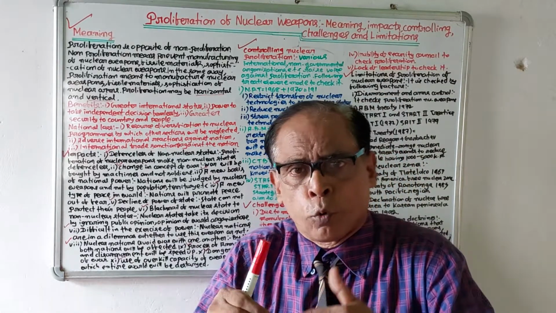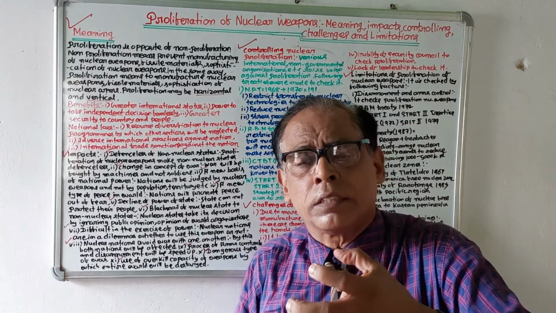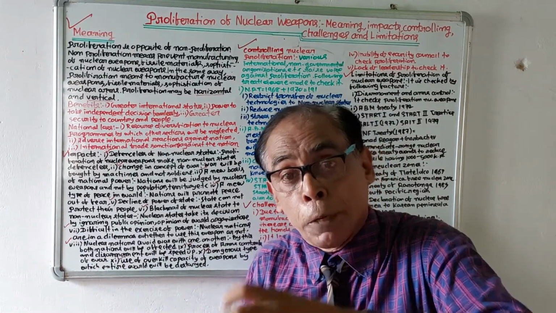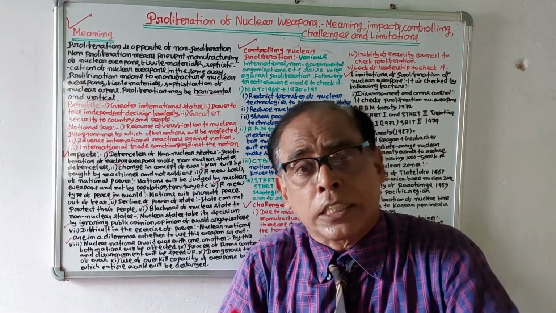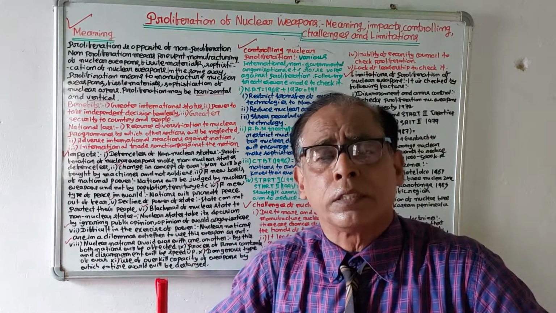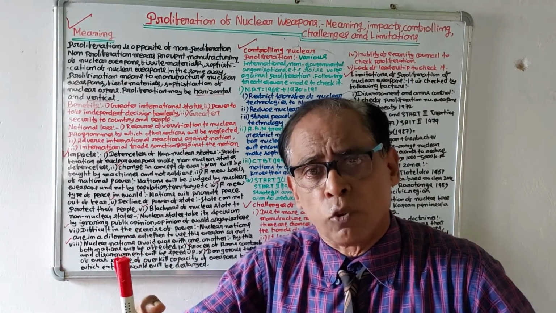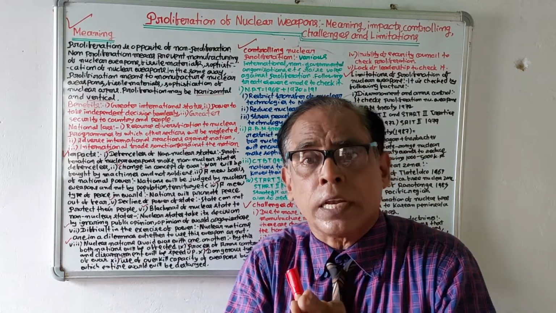And proliferation of nuclear weapon means nations prepare nuclear weapons. Day by day, nations manufacture nuclear weapons. It is known as proliferation of nuclear weapons. For example, a person has one rabbit.